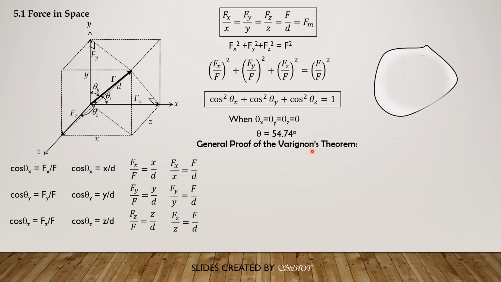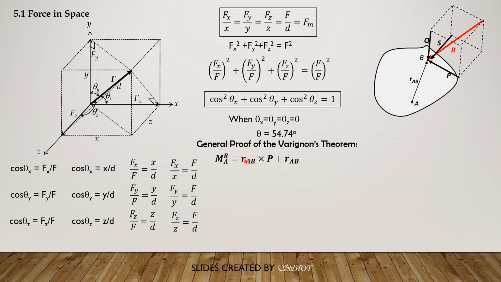Then let's have the general proof of Varignon's theorem. That's the resultant force, and this resultant has, let us say, in general 3 components, namely P, Q, and S. Then the moment of the force about point A is simply the position vector RAB cross the force R. That's the application of the cross product, rather, moment of a force about a point.